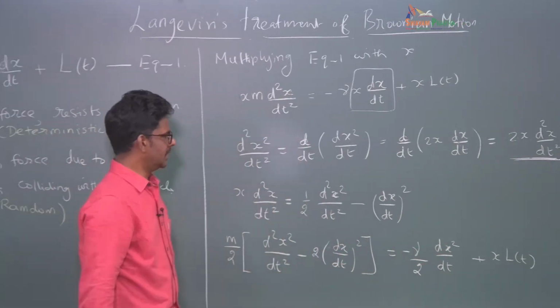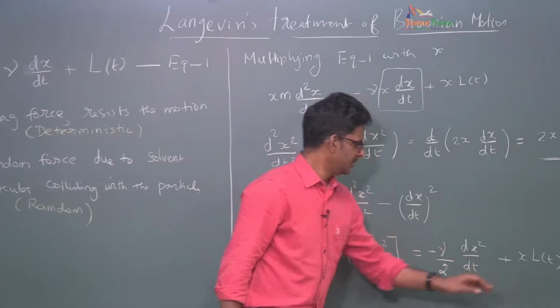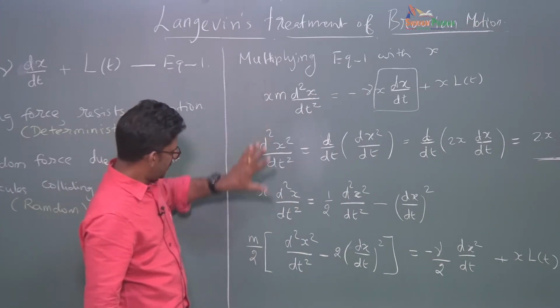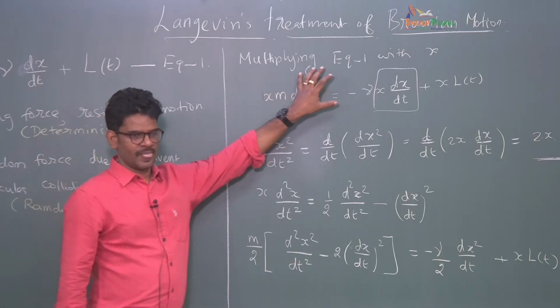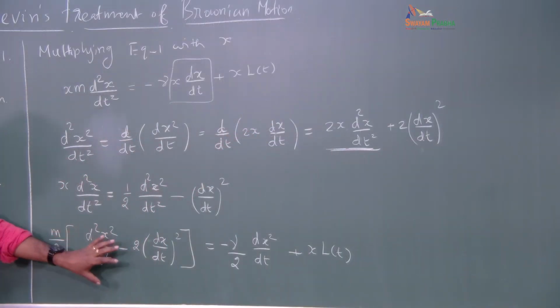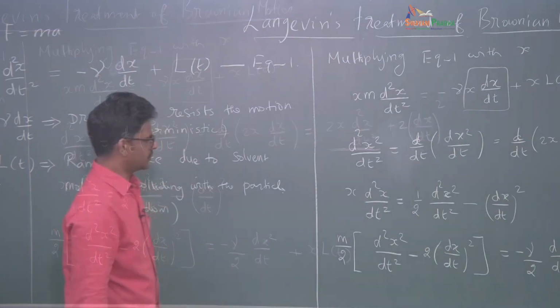And the last term remains as such. So if you compare this equation and this equation, this equation comes from the modified Newton's law. All that we have done here is write things in terms of the differential of the x square.